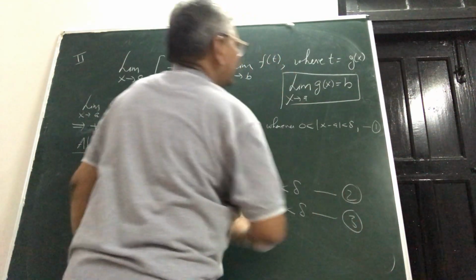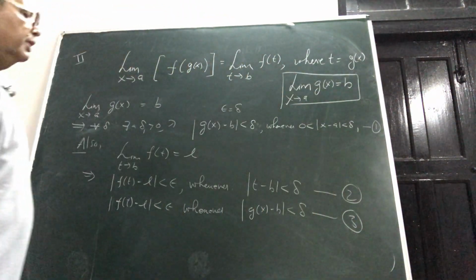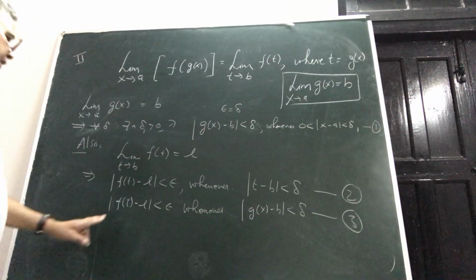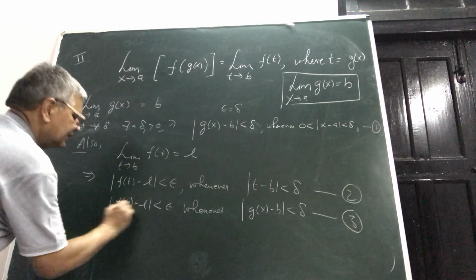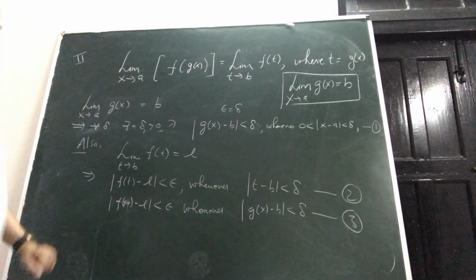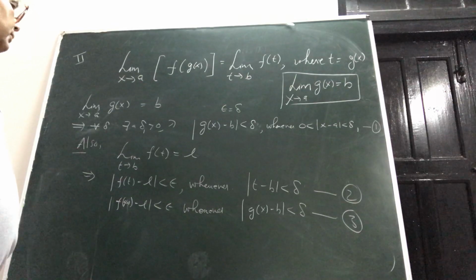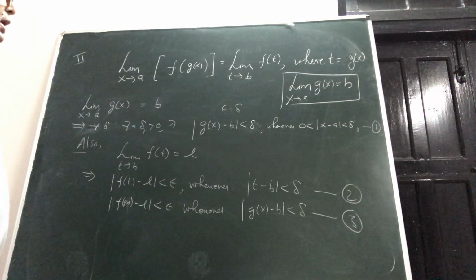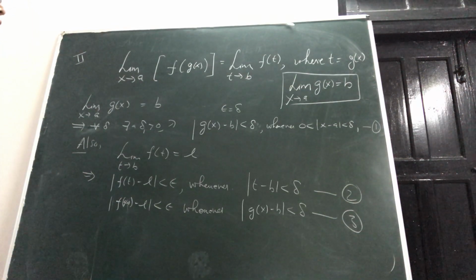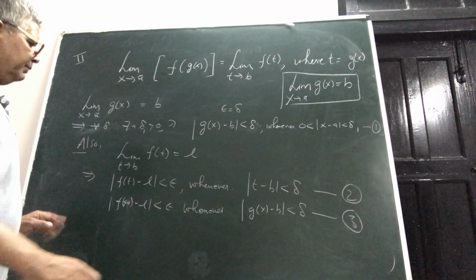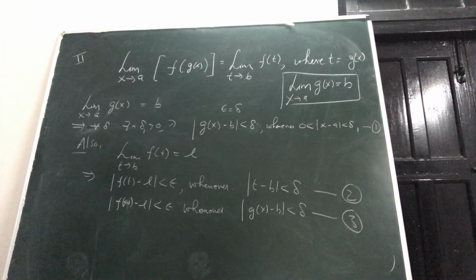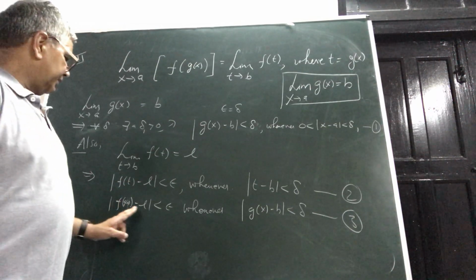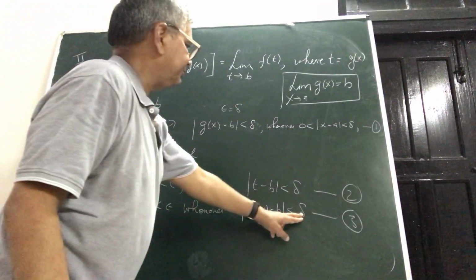So I would prefer writing this, and in place of t, I will be replacing g(x). Now there is a trick here. Mod g(x) minus b is less than delta.